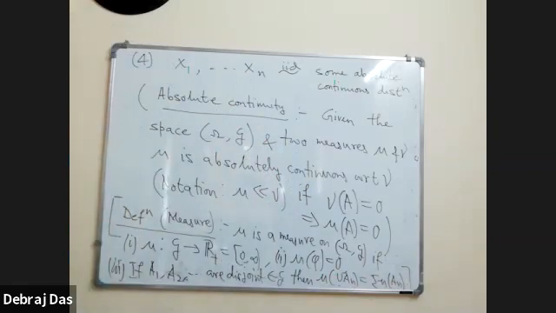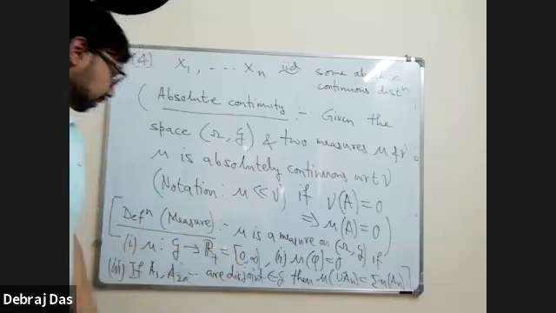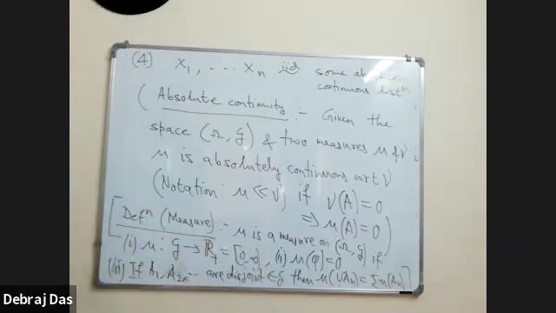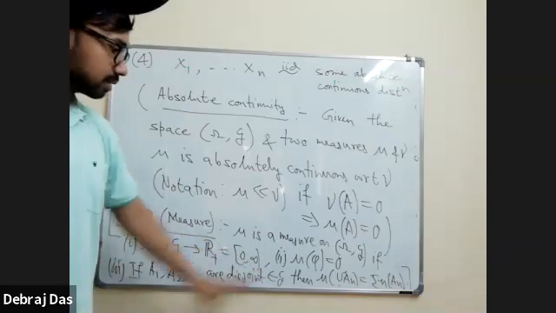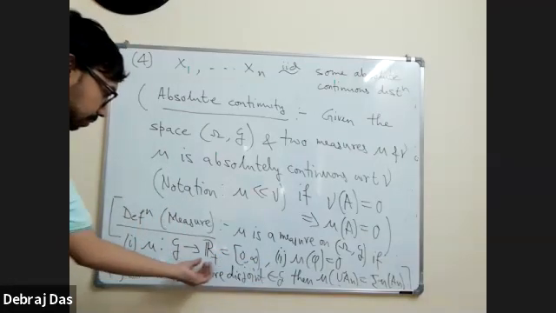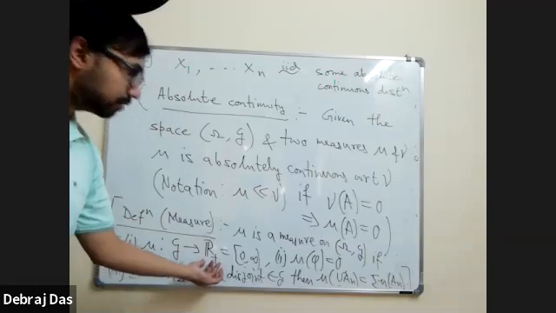In the case of a probability measure, the value that the measure can take is between 0 and 1, right? That is the only difference. The rest is the same. The first one is simply that mu is a function from the sigma algebra to the non-negative real line.